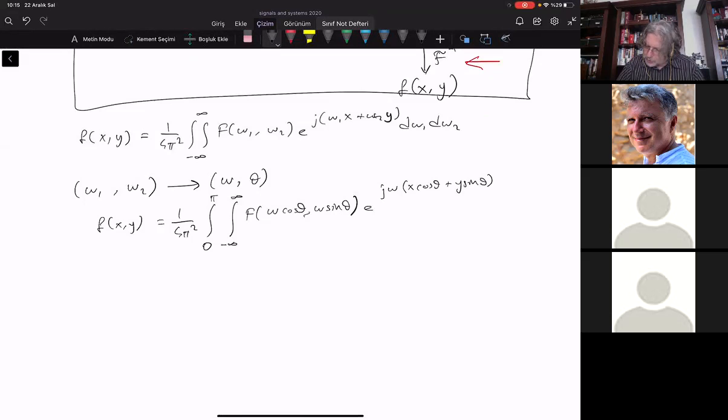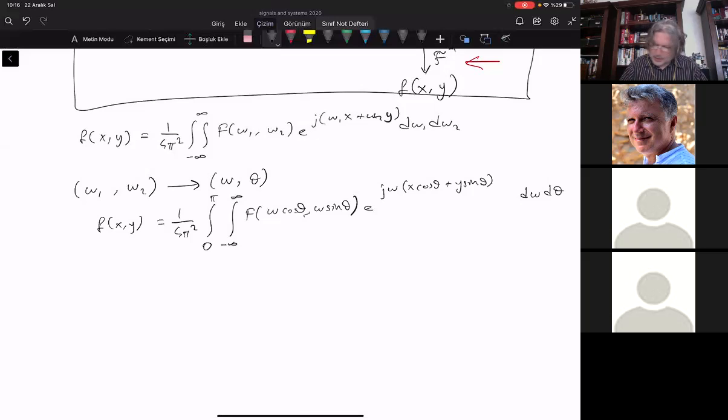Now I want to put d omega d theta here, but before d omega d theta, I must put the so-called Jacobian of the integration or the parameter change.